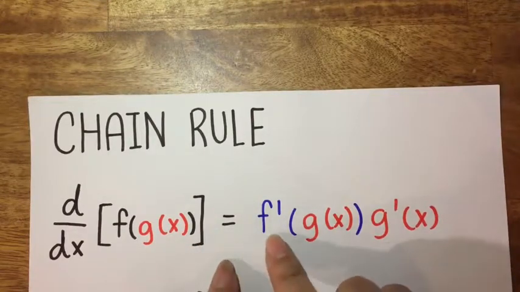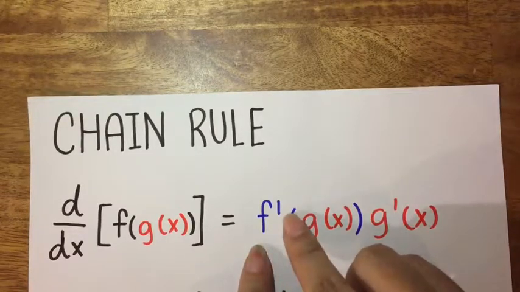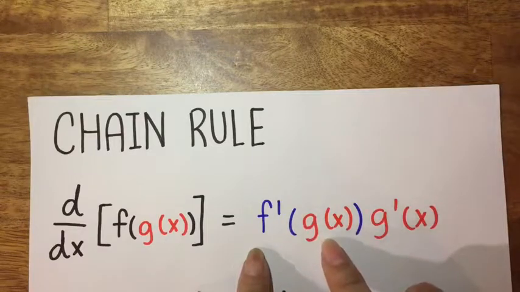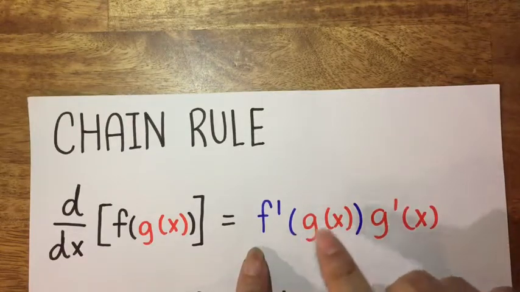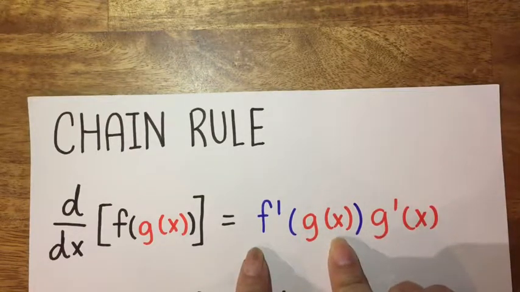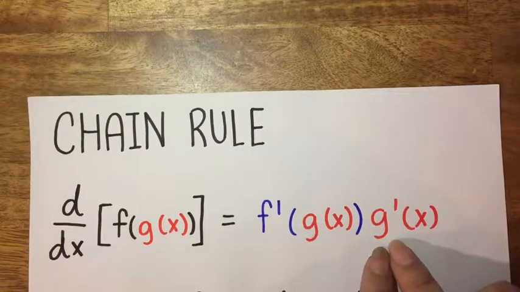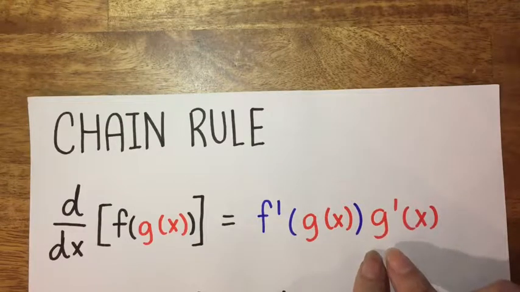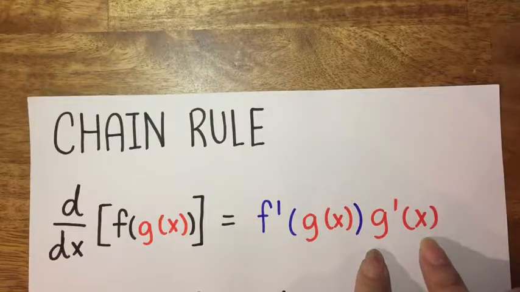First, you have to derive f, which is shown as f prime. So derive f with respect to g of x. Then we have to derive g, as you can see here is g prime. Derive g with respect to x.